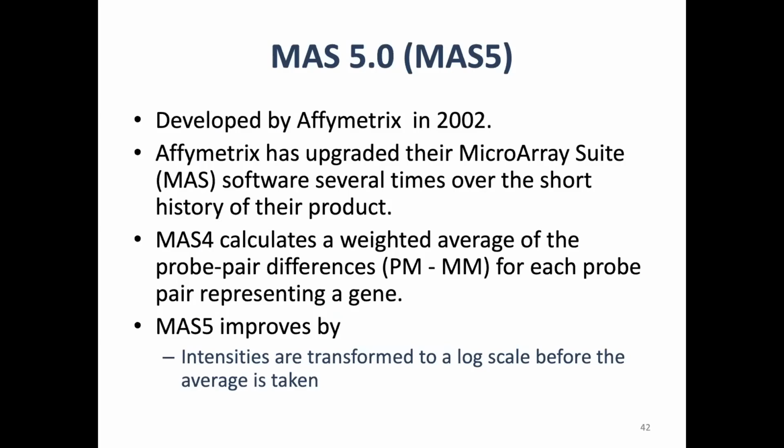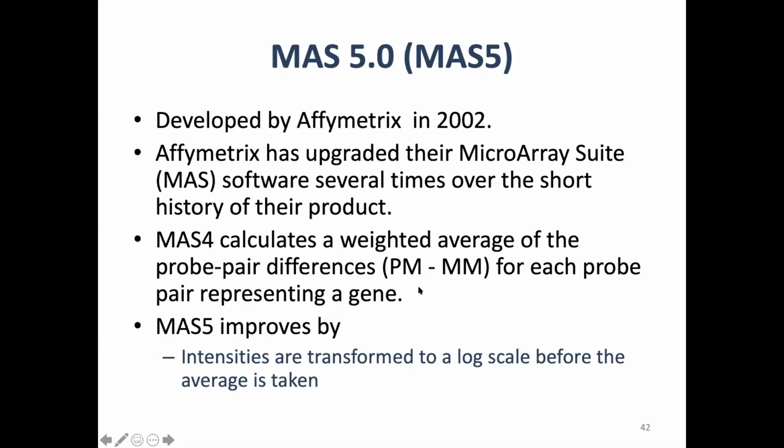this method. Initially, it used MAS4, and how it worked was it calculated the weighted average of the probe pair differences, so PM minus MM for each probe pair representing a gene. So the perfect match minus the mismatch. So it uses the mismatch. It subtracts it.